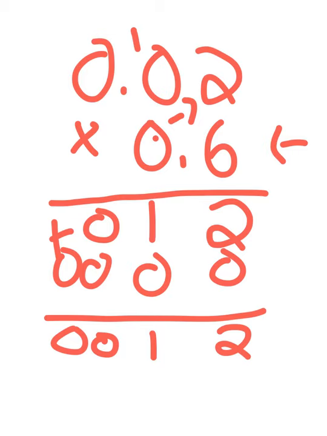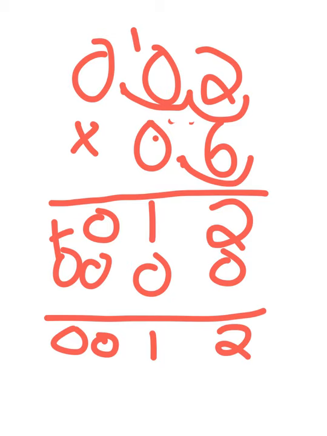Our final answer, remember, we count up the, let me get these arrows out of the way. Our final step is we have to count the jumps that the decimal point made going to the right. So we have 1, 2 here, 1 here, 2 and 1 is 3.